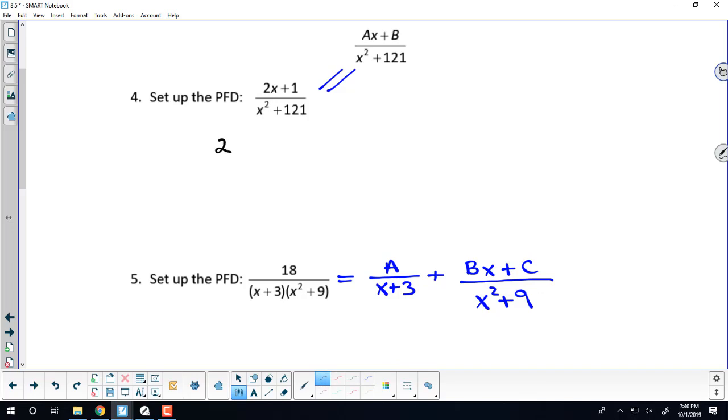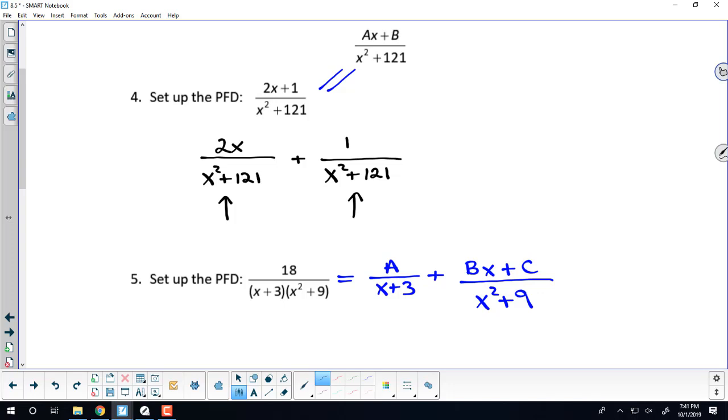You could say that's 2x over x squared plus 121 plus 1 over x squared plus 121. How would we take the antiderivative of the first? That's natural log, already in log form. And 1 over x squared plus 121? That's inverse tangent.